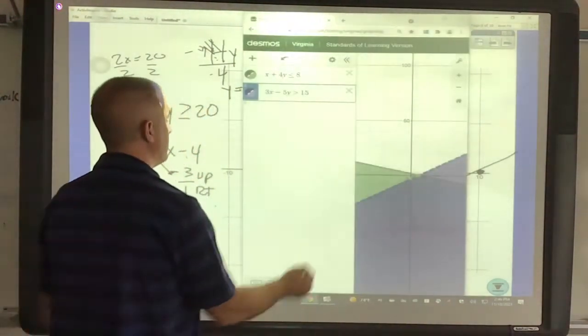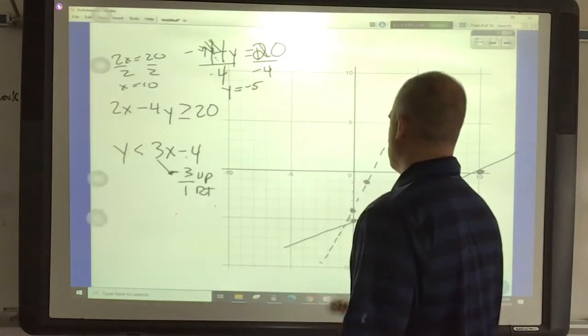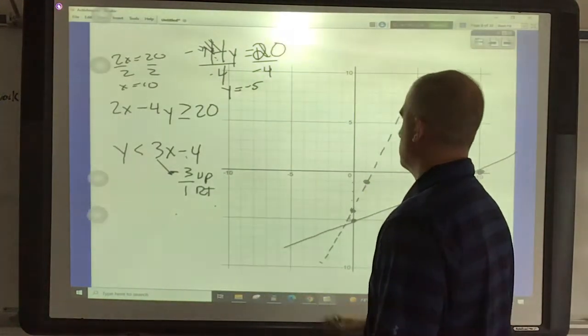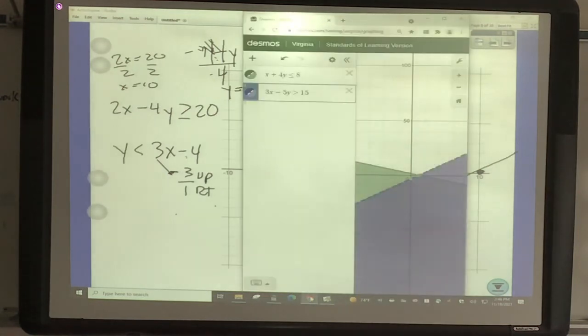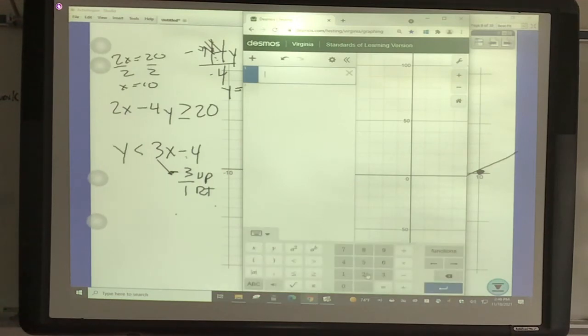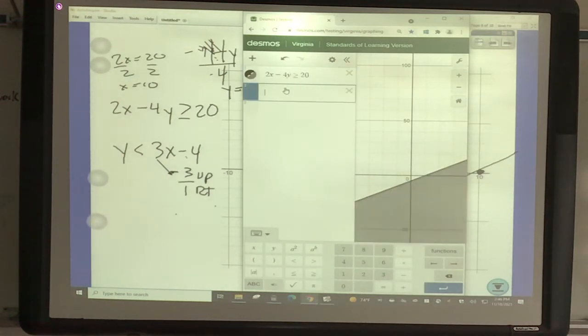Okay, so I use my Desmos. I don't know why that's doing that. Okay, so I use my Desmos and put in 2x minus 4y greater than or equal to 20. And then I go y less than 3x minus 4.